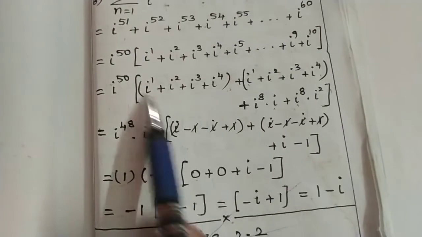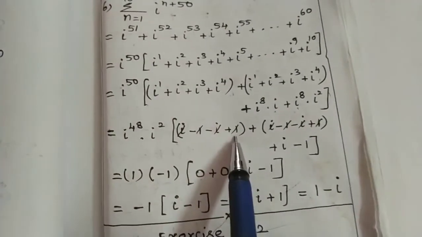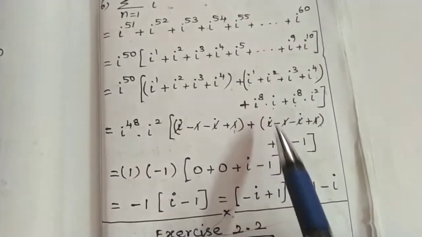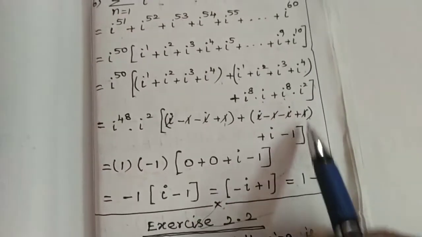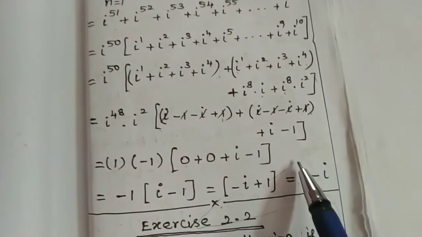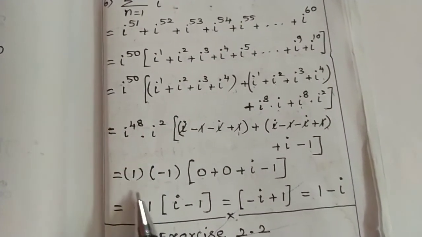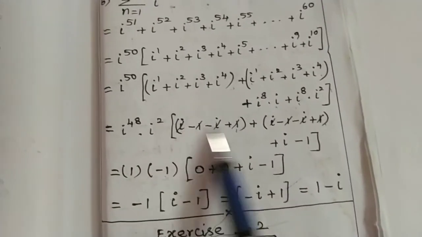So i minus 1 minus i plus 1. Similarly write this. Here i power 8 is 1. What is the balance? i. Also 1. What is the balance? i square, i squared value minus 1. Okay. Now i power 48 value is 1. i squared value minus 1 is fully 0.